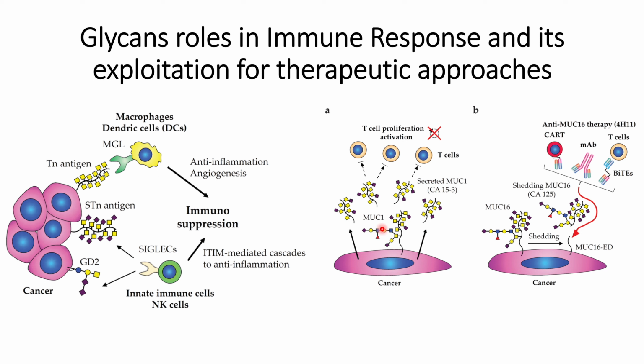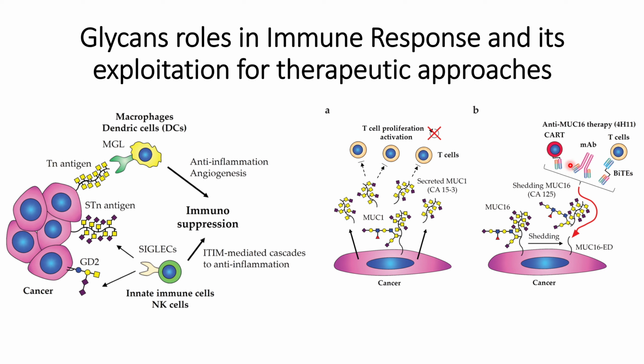Thereby, the MUC1 expressed by the cancerous cells will not be able to interact with the T cells, will not be able to deactivate them and reduce proliferation. So this is one of the approaches that can be used to prevent immunosuppression.